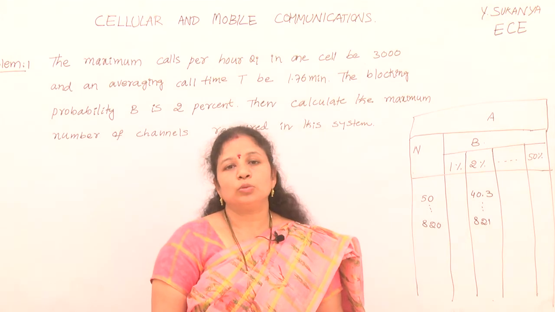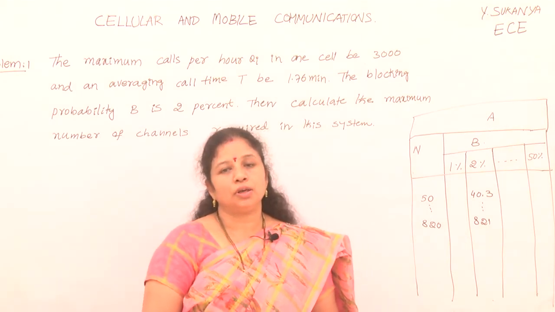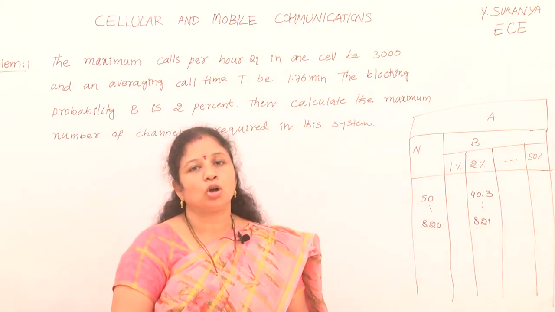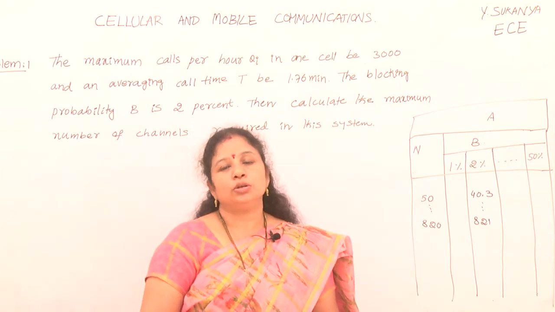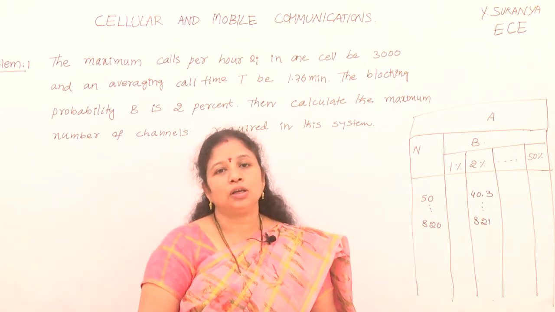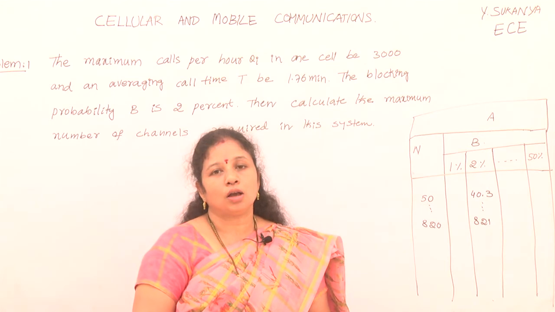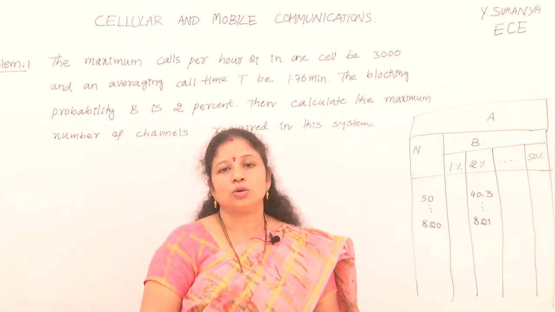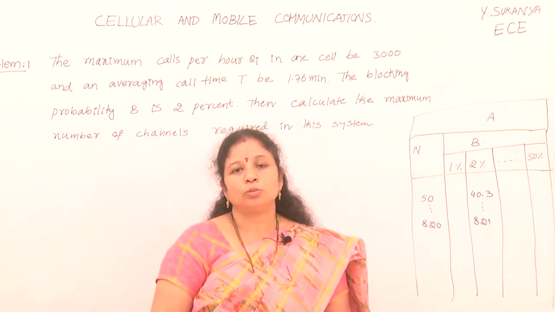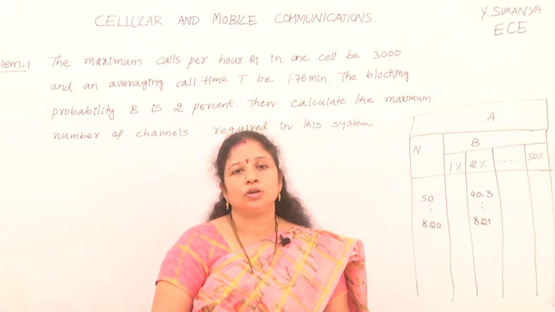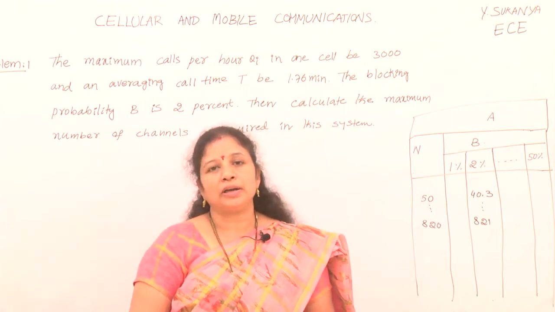Okay. So, one more important parameter is B. B is used to represent the blocking probability. That means during that particular time interval, how many calls are going to be blocked. That also has to be discussed before going to the actual implementation.